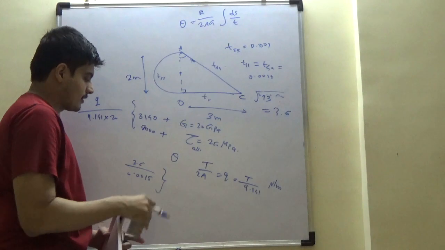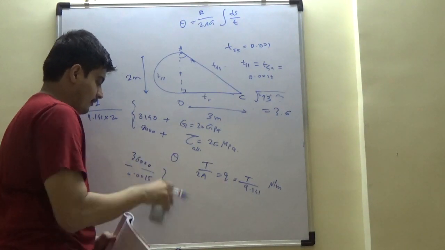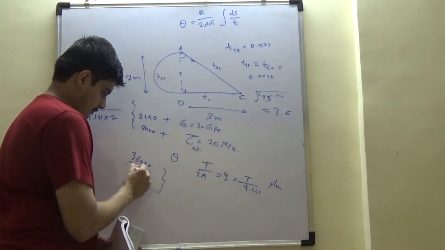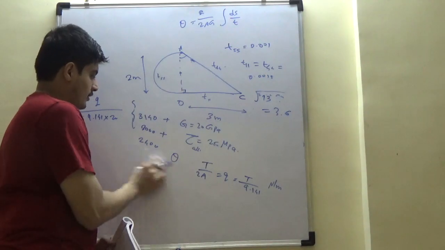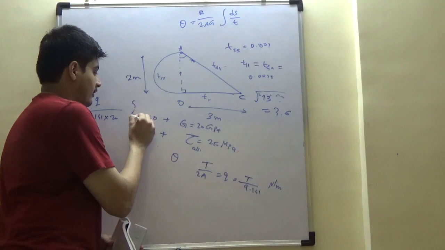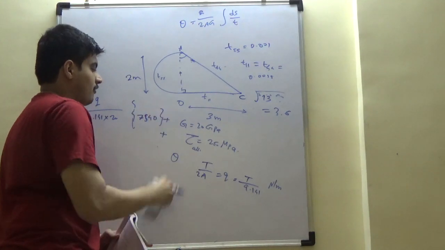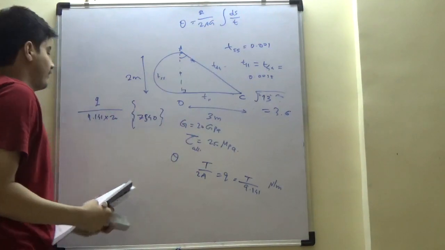See how quick the mathematics I am doing. 36,000 upon 15, 2,400. So 7,540 is the value of this ds upon t.